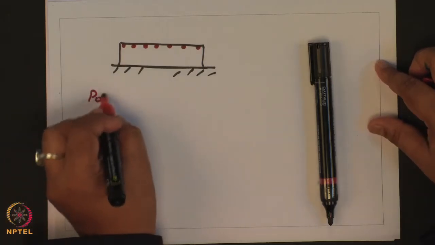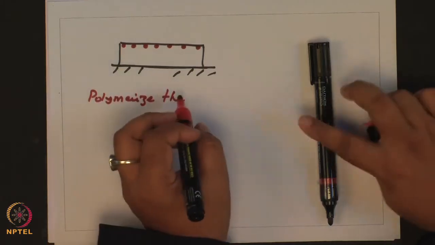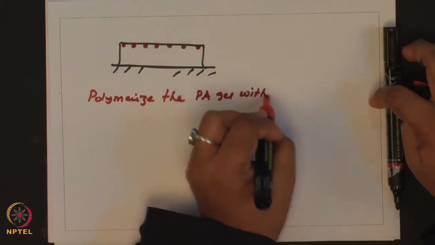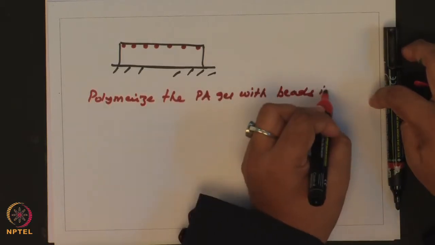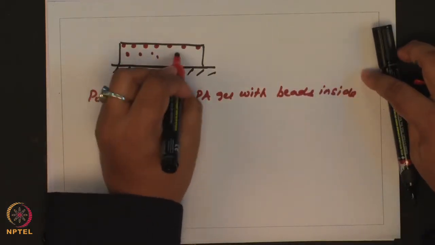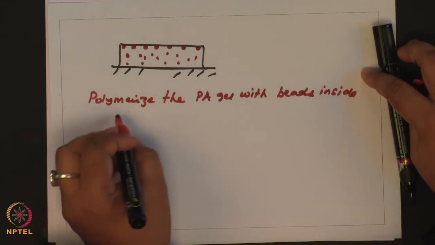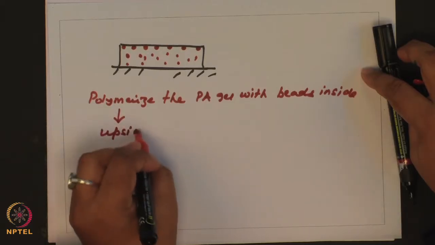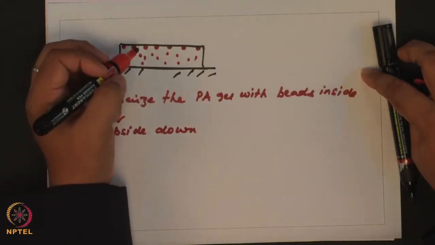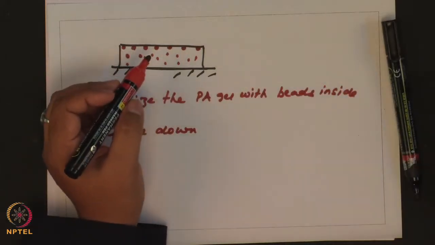You polymerize the PA gel, polyacrylamide gel, with beads inside. There are of course a lot of beads in other planes as well, but you are more focused, and you polymerize this gel upside down. If you polymerize the gel upside down, then because of gravity all these beads will remain at the top surface of the gel.